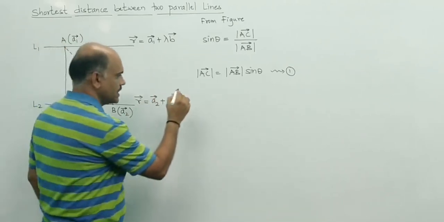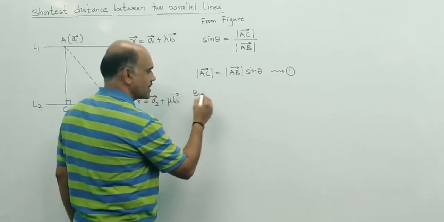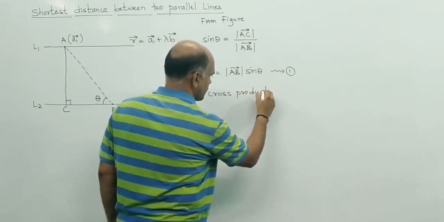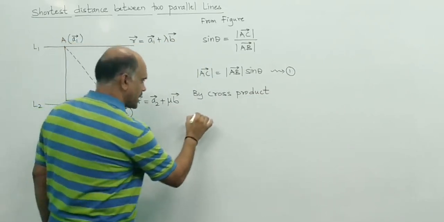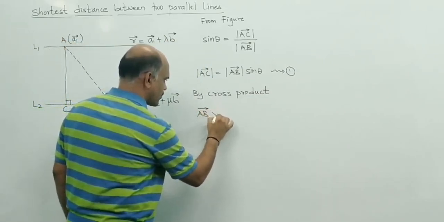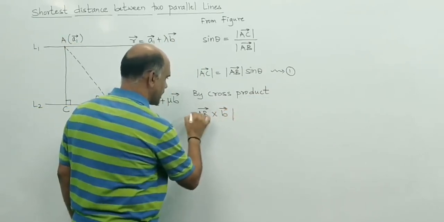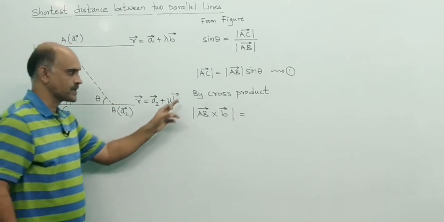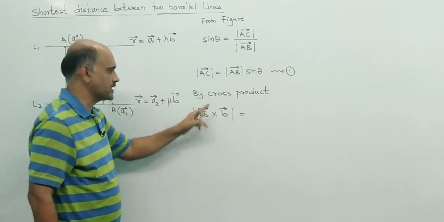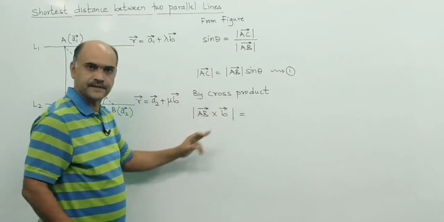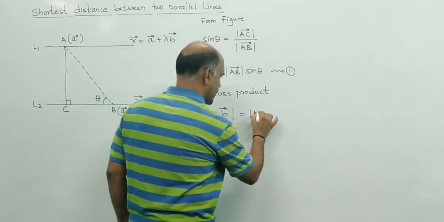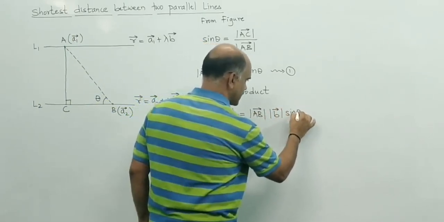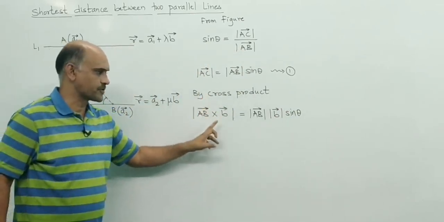Now, by definition of cross product, you are required to remember this step. Magnitude of AB cross b is equal to magnitude of AB into magnitude of b into sin theta, by definition of cross product.